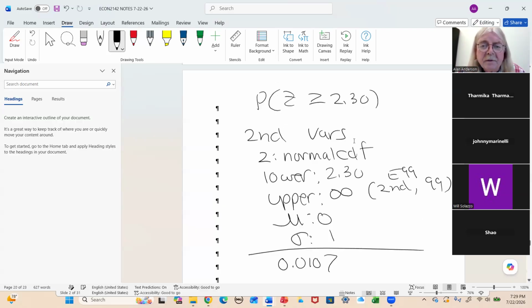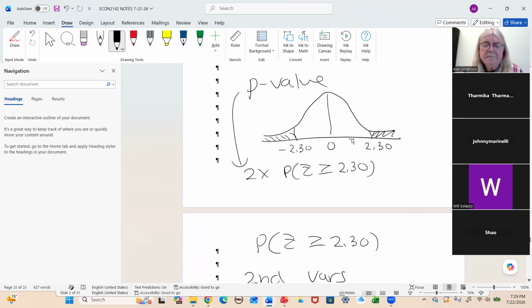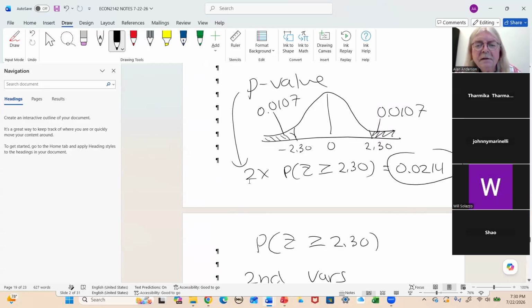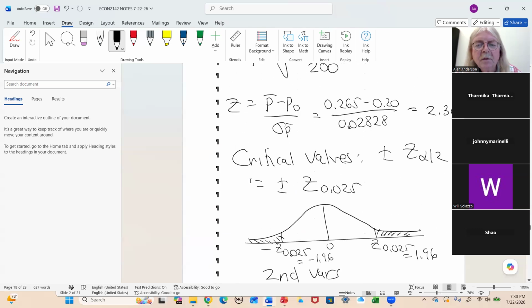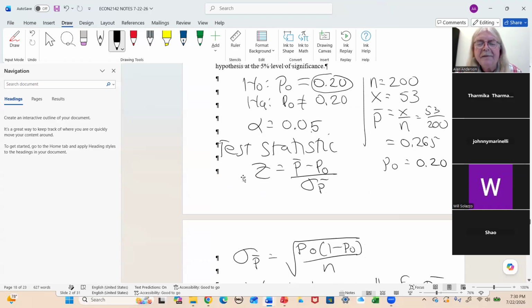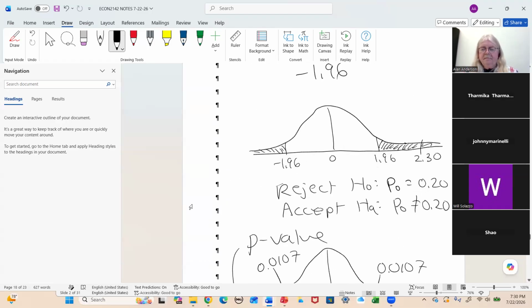But remember, we have to double this. So we end up with 0.0214. But remember, the alpha is 0.05, I remember. Yeah, there it is. Okay.